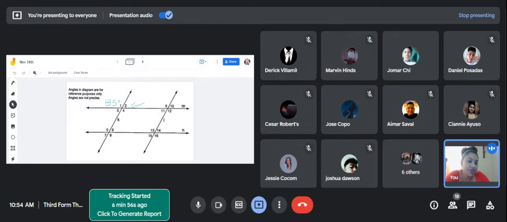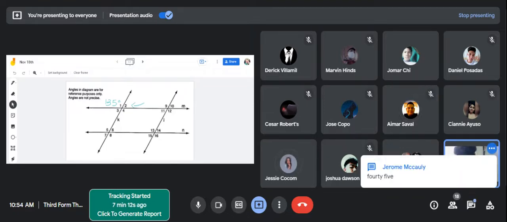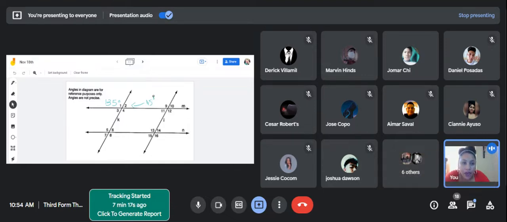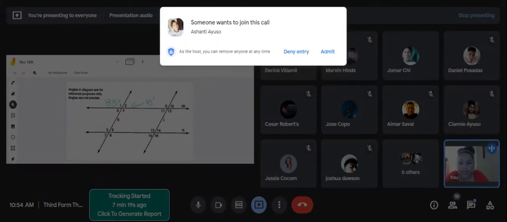Have your calculators with you. You cannot do mental subtraction. 180 minus 135 gives you 45 degrees. So in your table where it says angle 2, you are going to write 45 degrees.